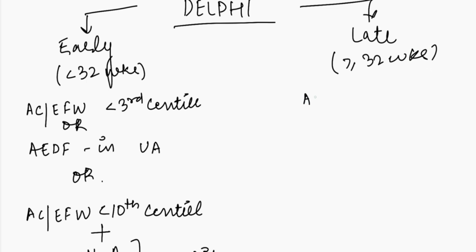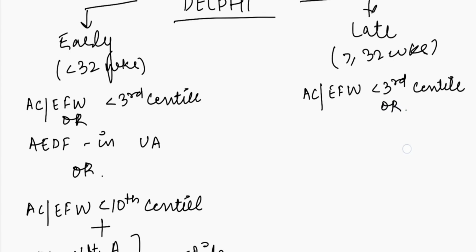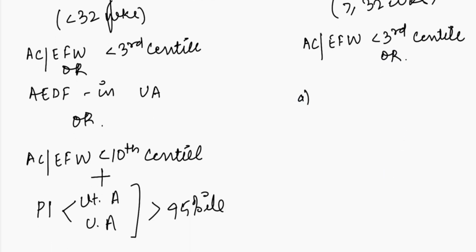In this, abdominal circumference and EFW are less than third centile, or there can be two of the three.